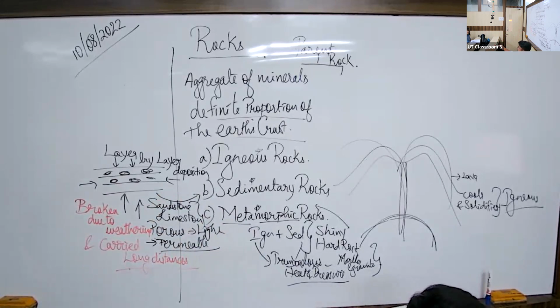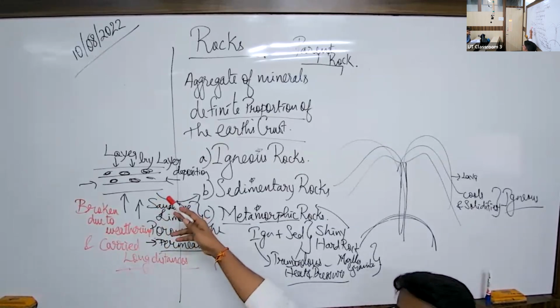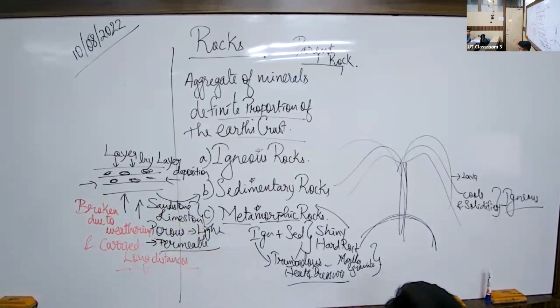I gave you an example of this room: this pillar takes tensional forces, the beams take the compressional force. If neither was there, the roof would be on our heads. So we always believe that due to vertical movement and horizontal movement these are sandwiched, and they become a rock.